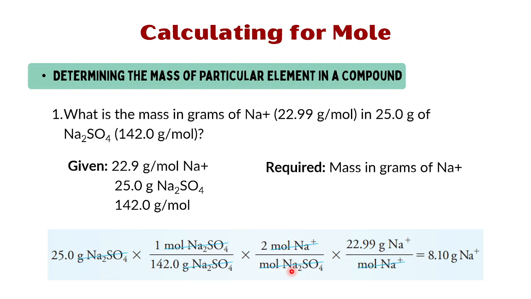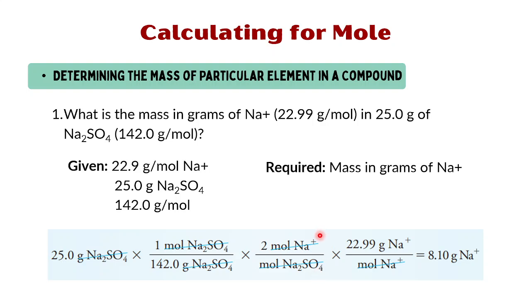And what's left now is the 2 moles of sodium ions. Now, if we only stop here, with the ratio of the mole of the element that is present in the compound, the answer we get, class, will be the mole of a specific element.